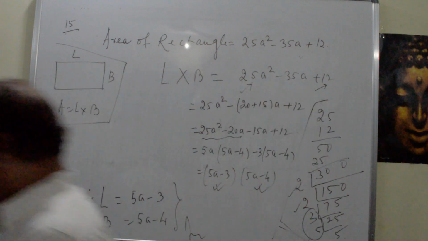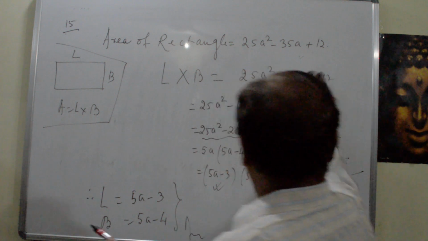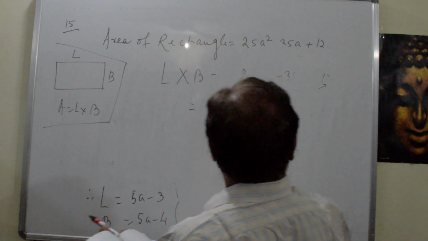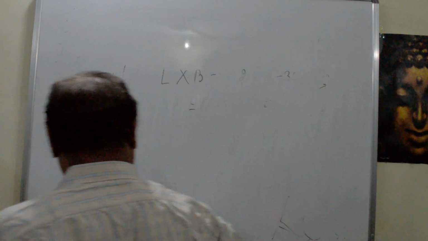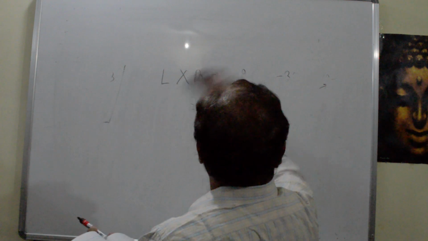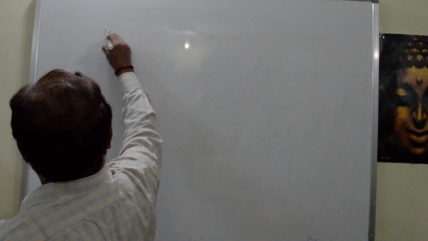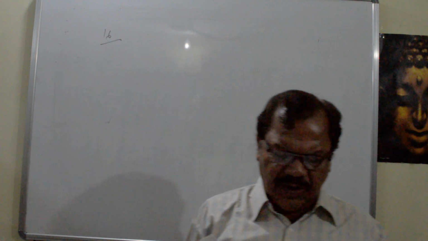Question 16. Please pay attention to question 16, what is it saying? 16 says: what are the possible expressions for the dimensions of the cuboid whose volumes are given?